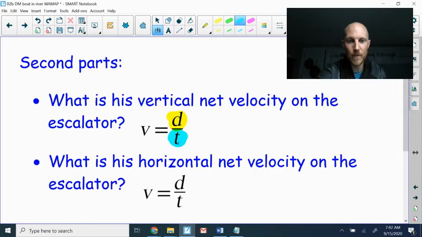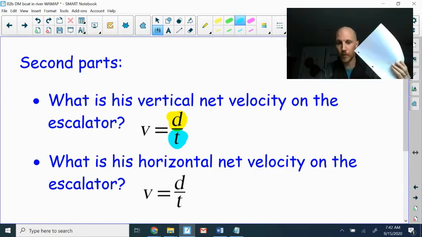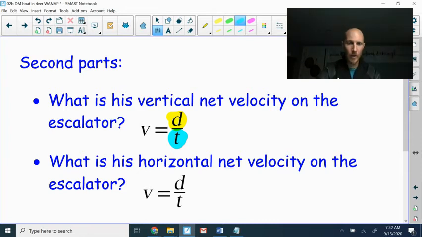So this is going to be a different time than what we used before. You have your work from the other day, which has the distance that we calculated from the staircase. So we'll go with vertical first. In order to calculate that, we're going to have to find the time.